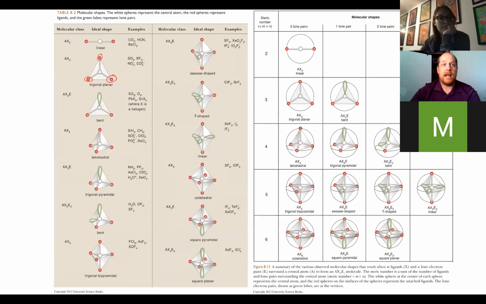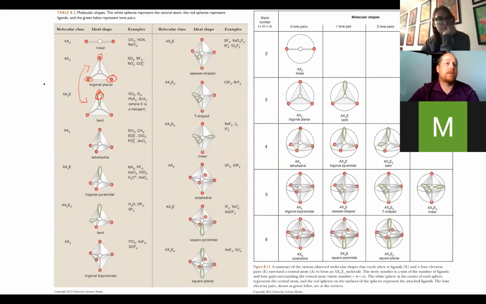But if we replace one of those atoms with something that has a lone pair of electrons, right? A lone pair of electrons is represented by these green lobes, essentially showing, hey, there's electrons there taking up that space. That's going to give us something that has a slightly different shape because the lone pair isn't part of the molecule shape. So even though these two examples have the same steric number, right?